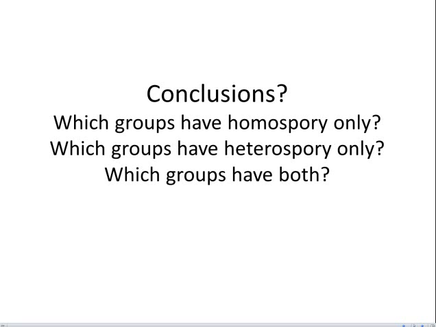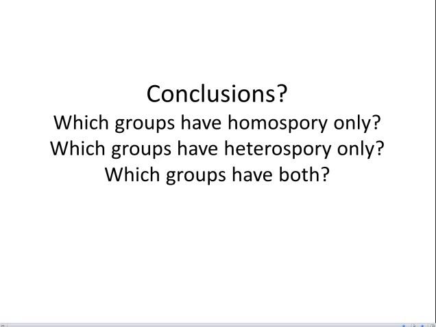That would be based on what we looked at. We would say which ones have heterospory only? That would be the gymnosperms and the angiosperms, right? And which groups have both? Well, that would be just one of them, right? Group which? Group 2. What's group 2? Vascular seedless plants, which includes the ferns.